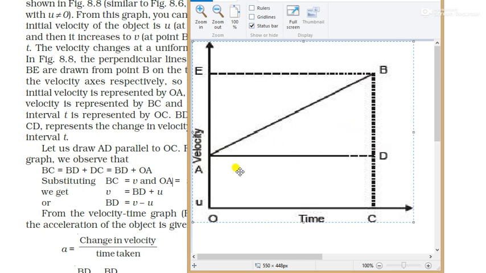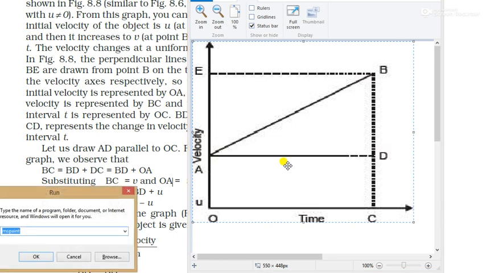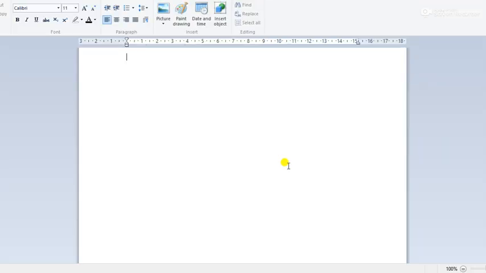So we can write, what I'm saying, acceleration is equal to change in velocity upon time taken.